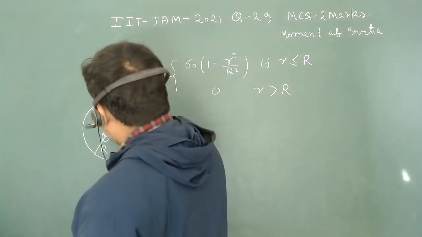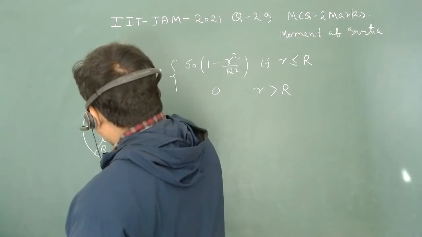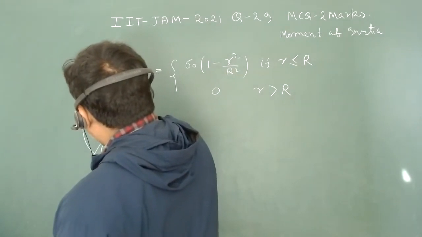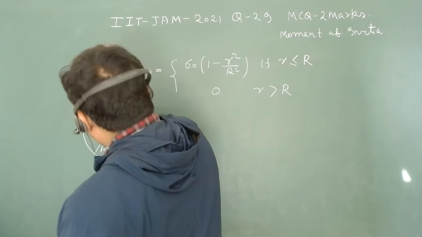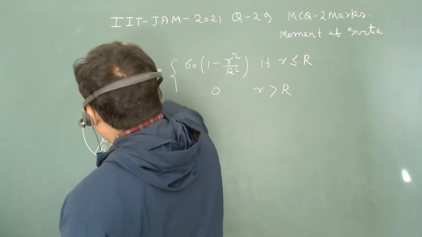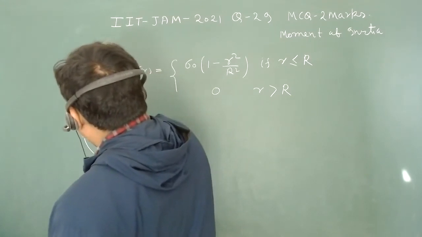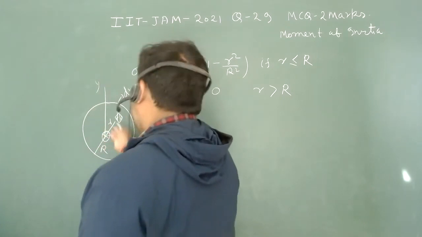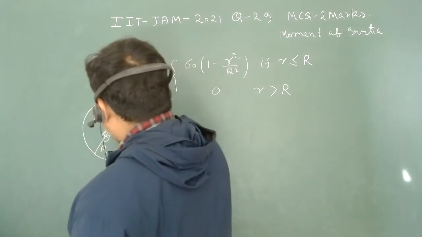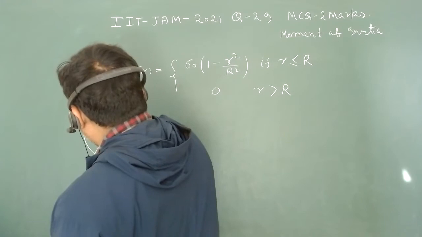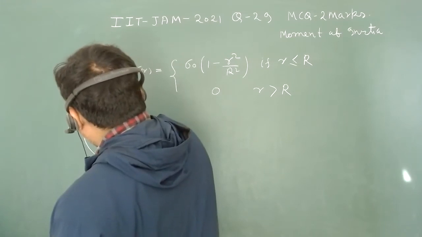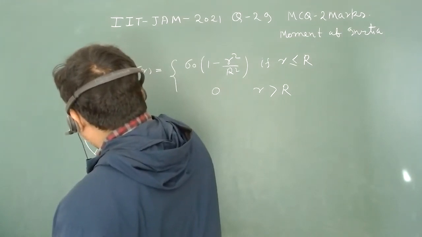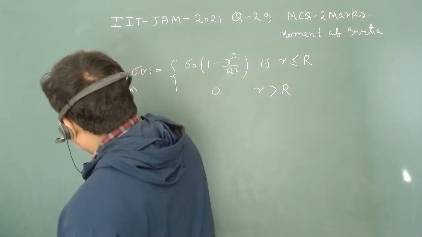So at some distance r, I can take a small mass element. Let's say this element is nothing but dm, and this distance is r, and it makes some angle theta, and if you want you can take something like this. So this is basically angle d theta.